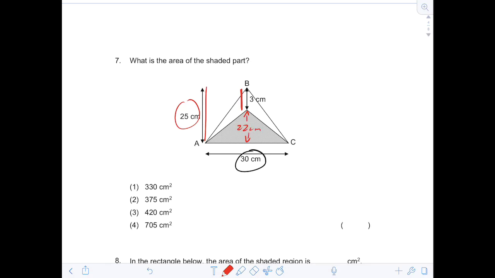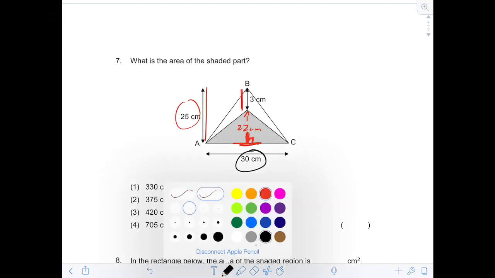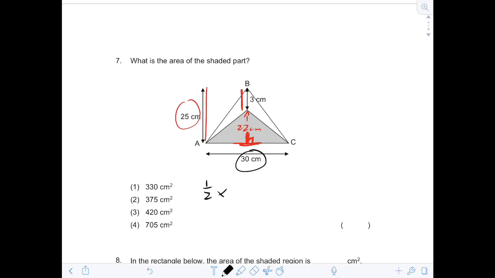So now you know that this also makes a perpendicular, a right angle here. Once you've got this, all you need to do is plug in the formula. Half times the base times the height will give you 330 square cm.